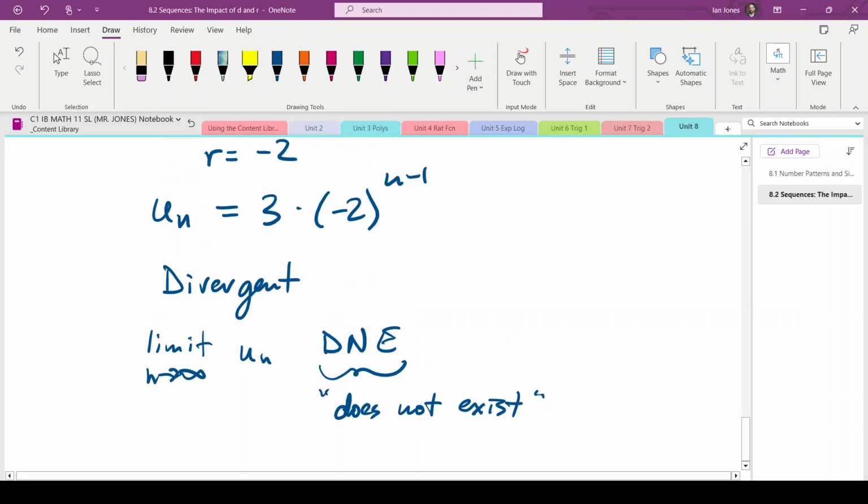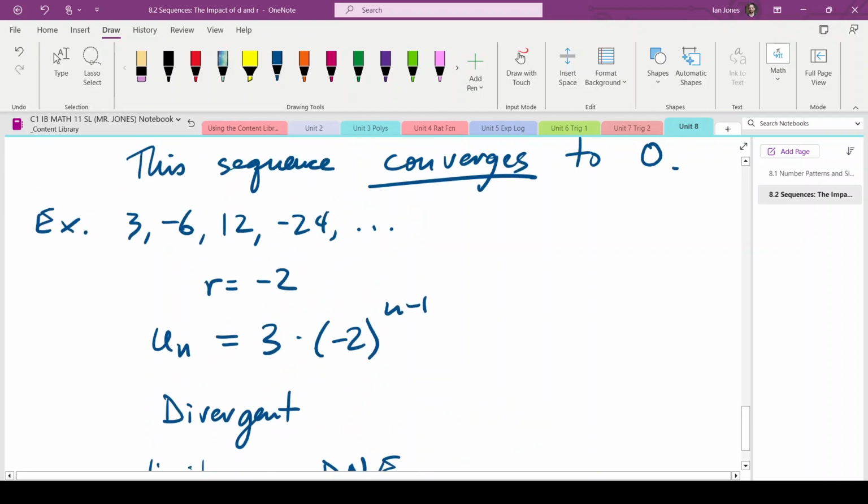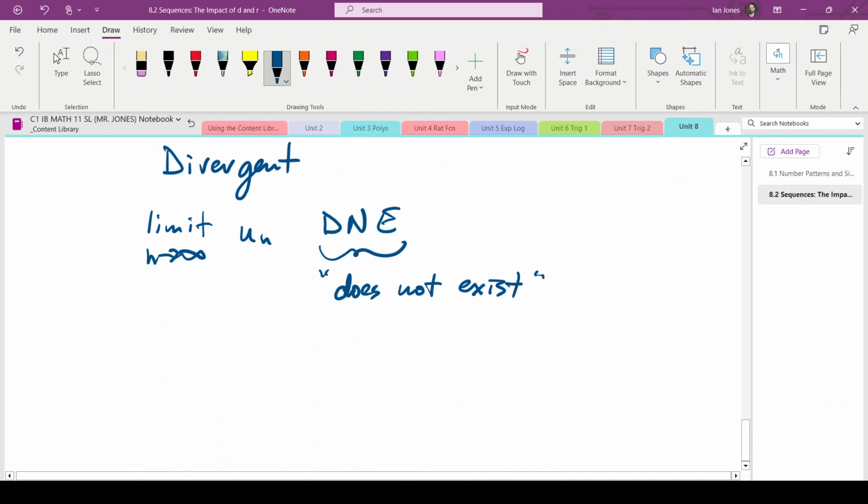And what if we had a negative, but it was fractional? So I think I had an example there over in Desmos where it was negative a quarter. Okay, we'll take r equals negative a quarter. What happens there?